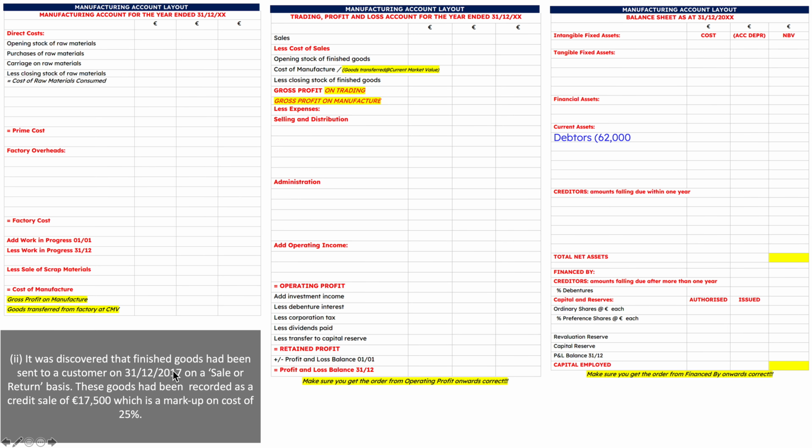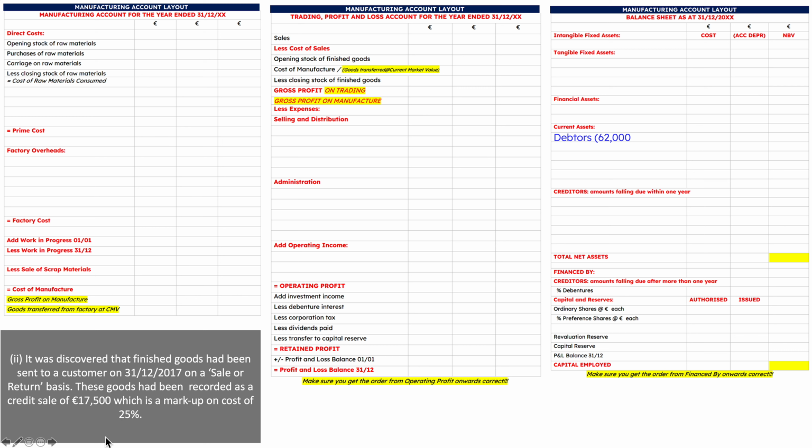So it was discovered that finished goods had been sent to a customer on the 31st of the 12th, 2017 on a sale or return basis. These goods have been recorded as a credit sale of $17,500, which is a markup on cost of 25%. Okay, so sale or return, recorded as a sale by accident.